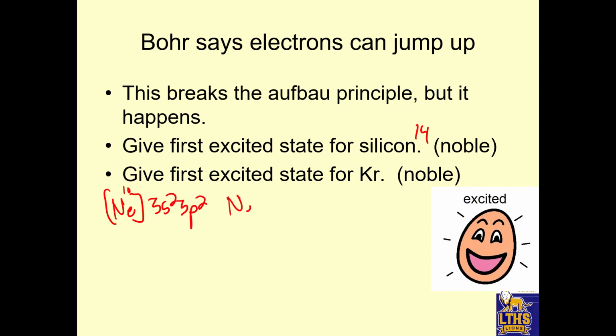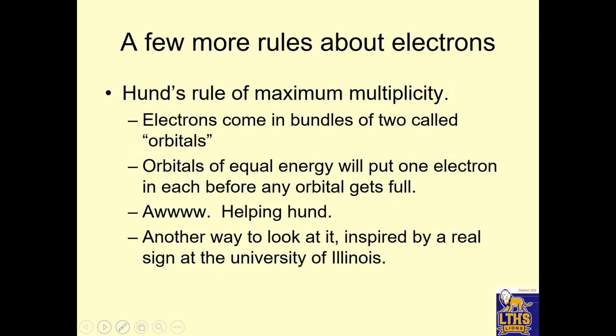This is normal. To make it excited, I got to make it jump up. So it's going to be neon in brackets, 3s2, 3p1. What comes after 3p? 4s1. Okay? I hope that makes sense. And I'm going to skip this one just because my time is tight, and so is yours.